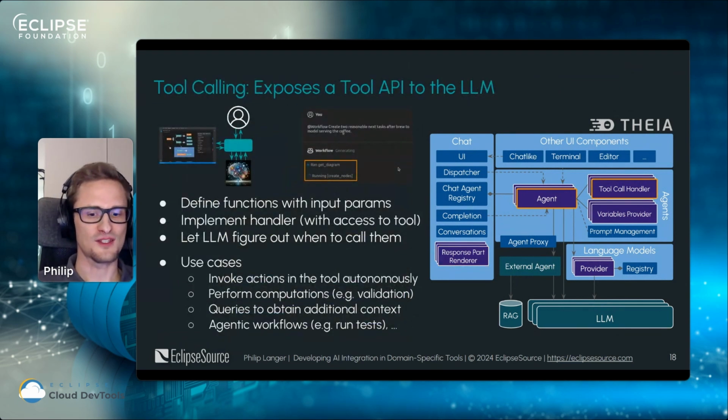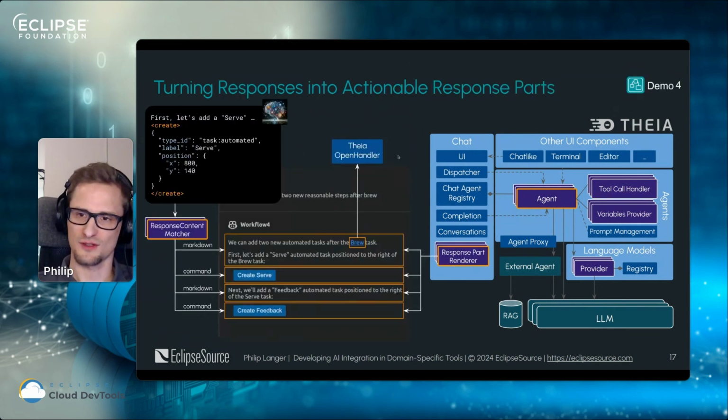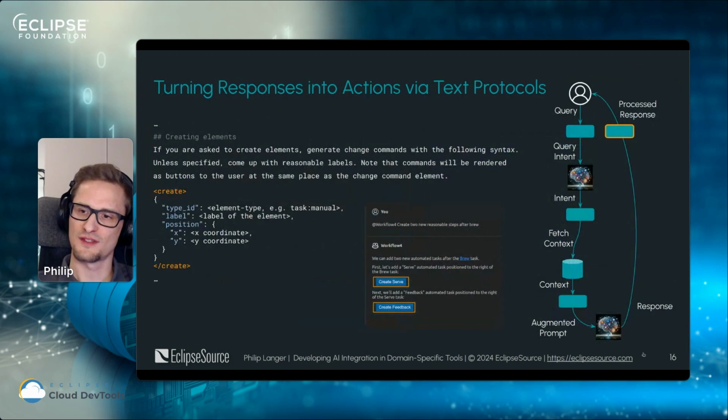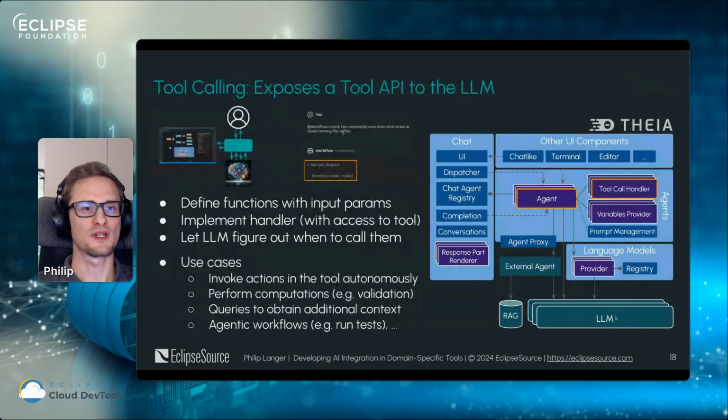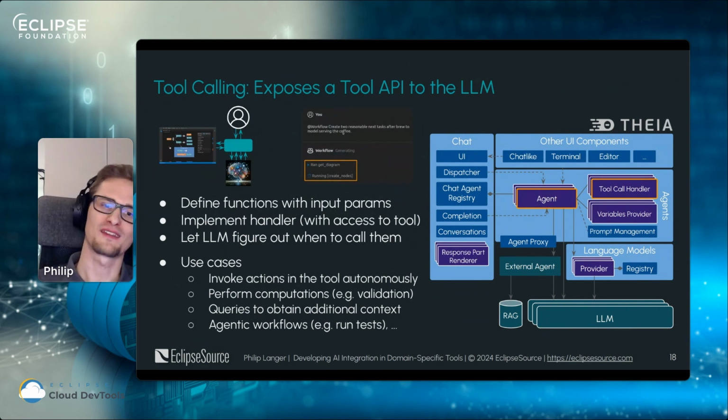The last technique that I just want to show is tool calling. So instead of having the agent drive this entire flow and augment the prompt and so on, you can also put the LLM into a more agentic position and basically say, these are all the tools that you can use whenever you feel the need to use them, and decide yourself when you obtain a diagram, when you obtain the documentation, when you create notes and stuff like that.